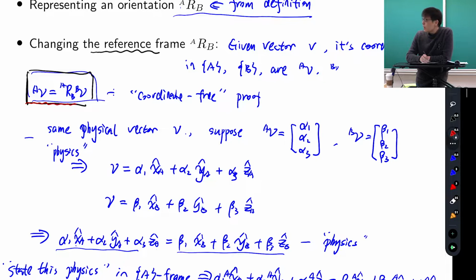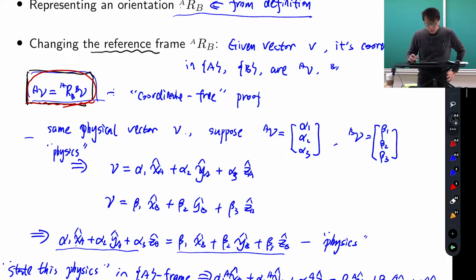Given the same free vector in B and A, the change of coordinates is R_BA times V_B. It gives you the coordinate of V in A. It's a super simple proof, but it gets you started on this kind of coordinate-free thinking, and what it means if you choose a coordinate to express the physics. You will see a lot more of this. This is the basic elementary starting point.